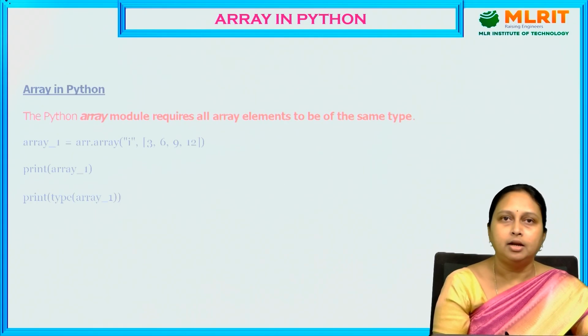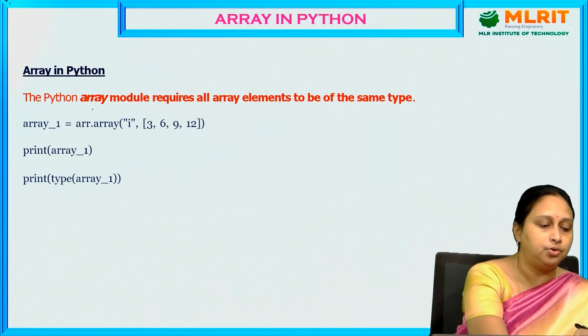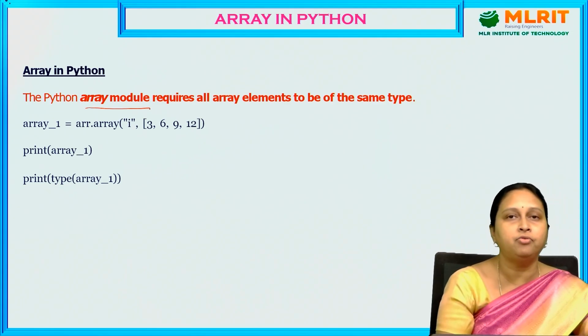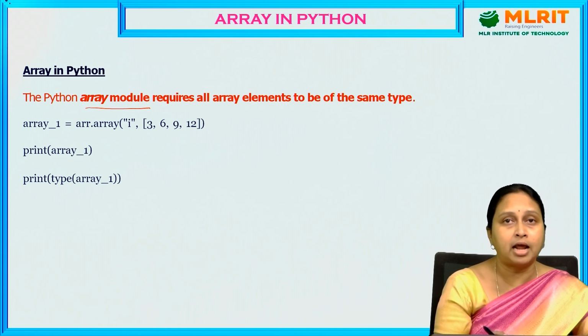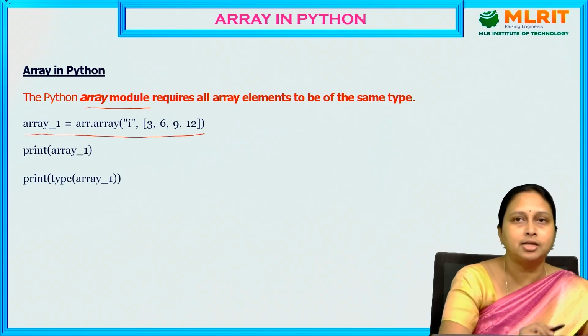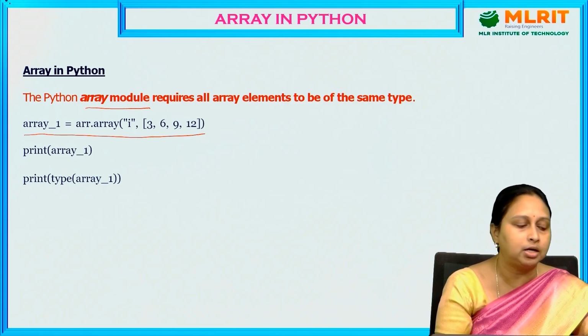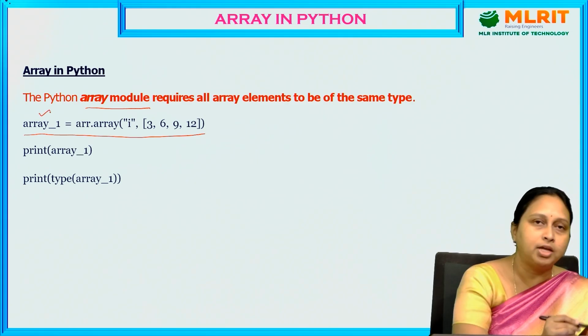Okay. Next, array in Python. How are we going to represent an array in Python? By using the array module. By using the array module, this is the way we represent the same data type of elements in an array. How do we need to declare this? array1 is a variable.